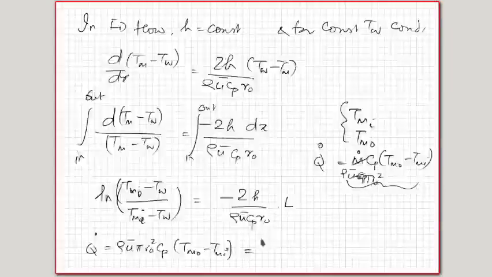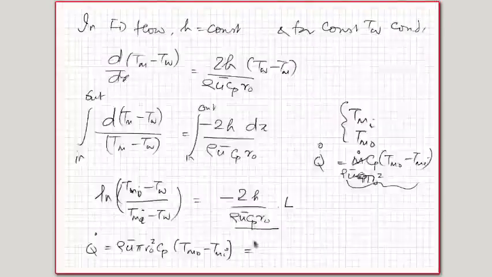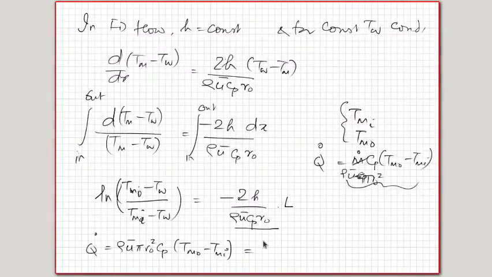Okay, and this will be equal to, I know that rho u bar Cp r naught is already there. So if I take this to the left hand side and bring this to the denominator here, then I'll be able to write, and this minus sign can be absorbed into this expression.